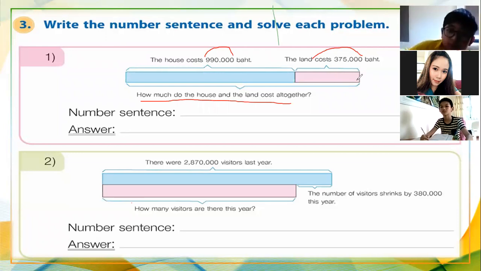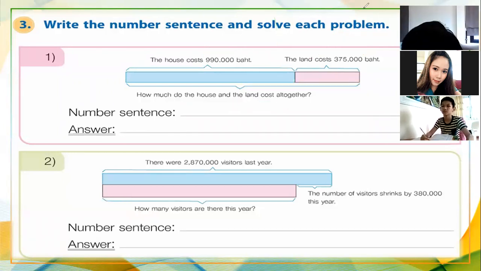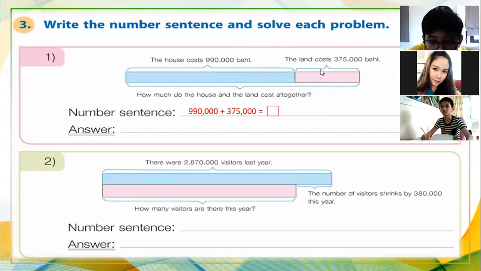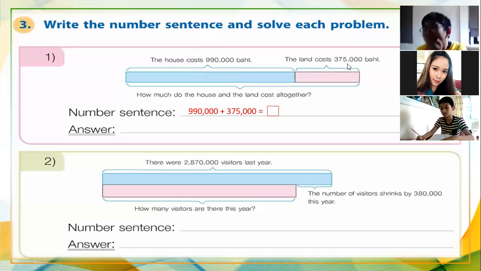What will we do, students? Will we subtract or will we do addition? You can see here, the cost of the house is 990,000. We will add the cost of the land, which is 375,000. So here we are going to perform addition.